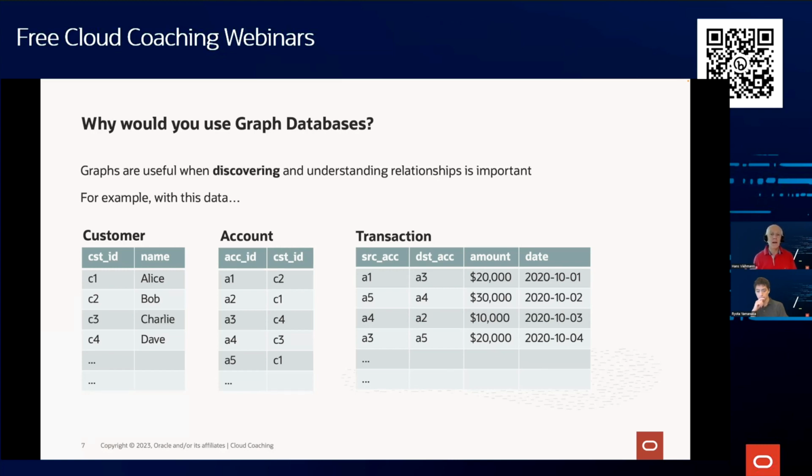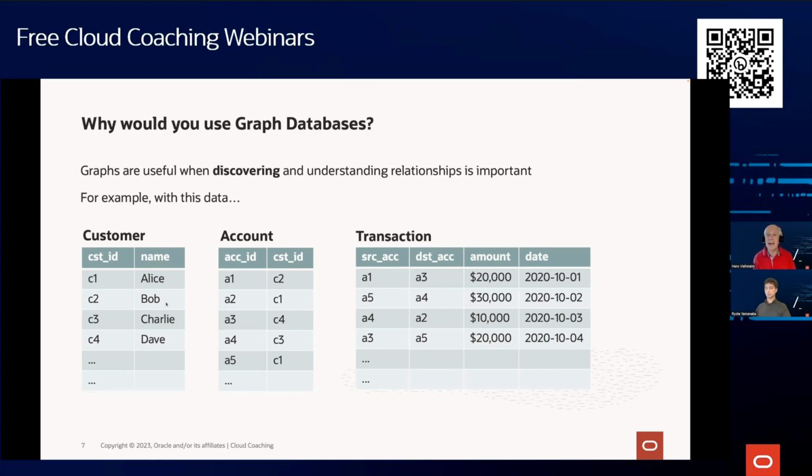Well, if you look at this example here, let's assume you have bank transactions data in a relational format, like with a customer table here, an accounts table, a transactions table. And let's assume that you want to answer two questions. One, is there a money flow between customers named Bob and Charlie? You can see them on the left-hand side. There's Bob, there's Charlie. Is there a money flow?